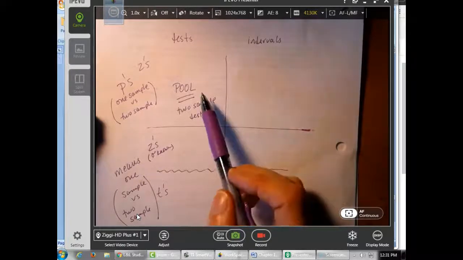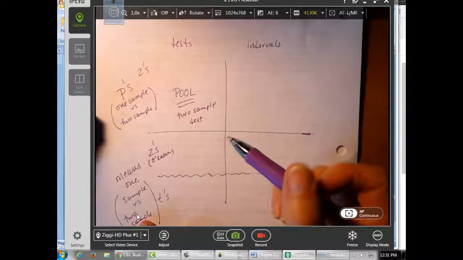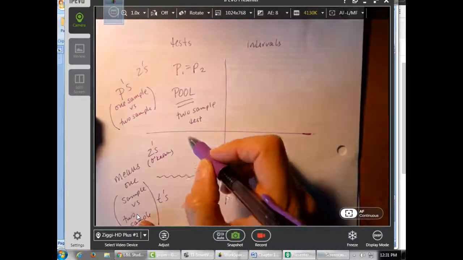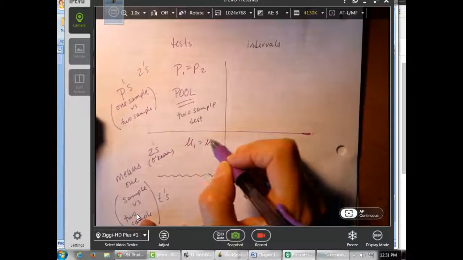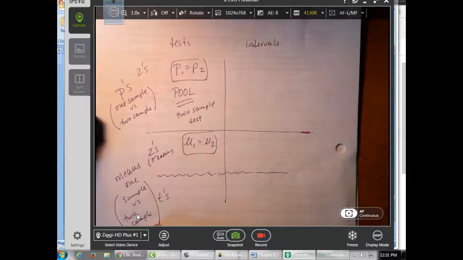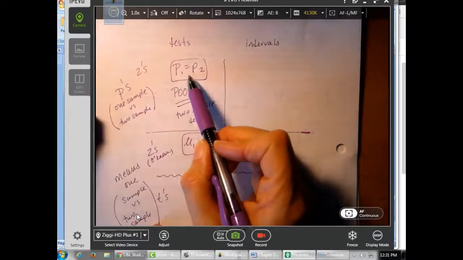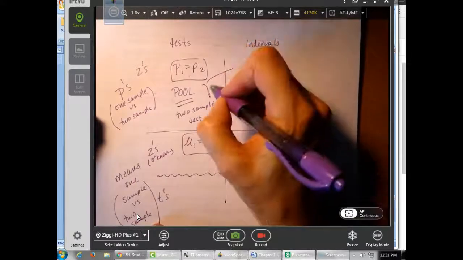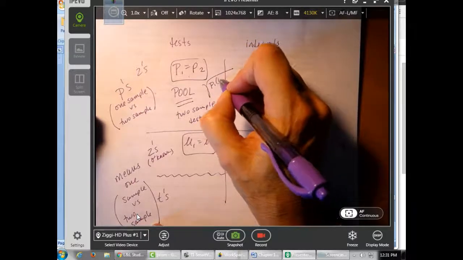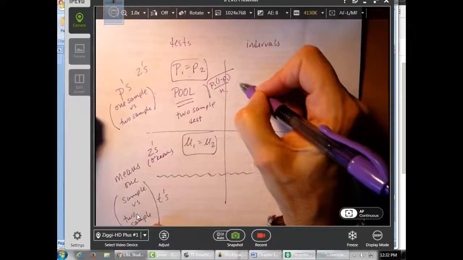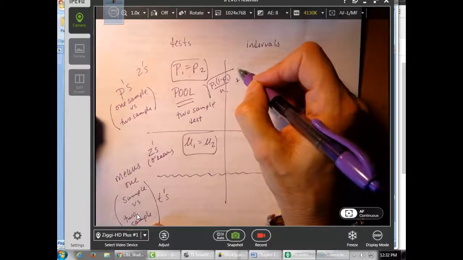In other words, here, what are we assuming? When we test, we're assuming P sub 1 equals P sub 2. What are we assuming down here? Mu sub 1 equals mu sub 2. These are our basic starting points for both of those. So when we're assuming this is true and we're using the formula, remember, we do P sub 1, 1 minus P sub 1, all over N sub 1, and then we do the same thing with our P sub 2's.